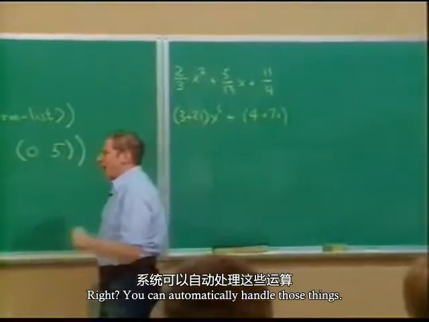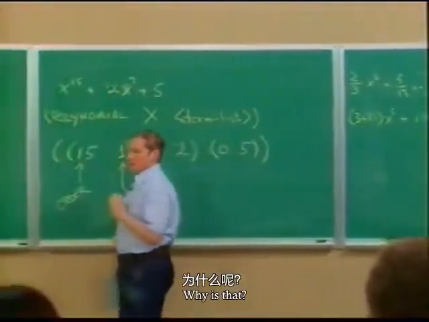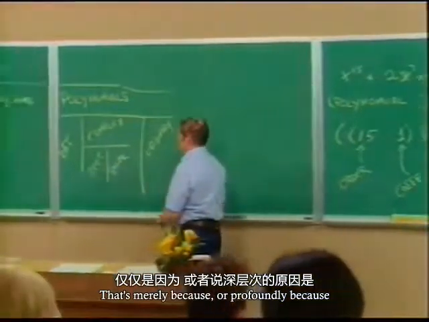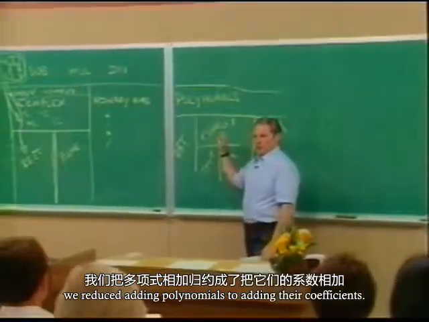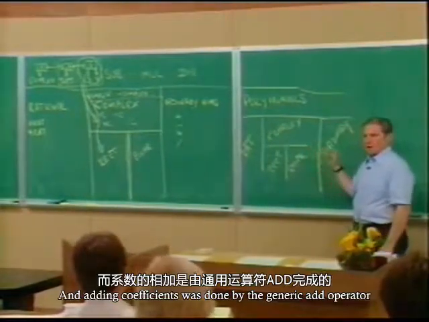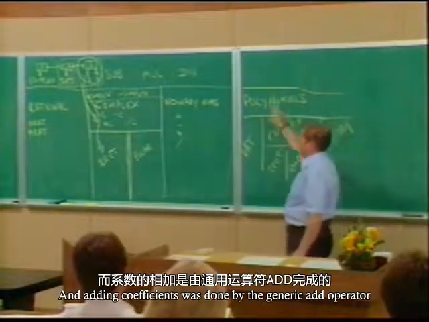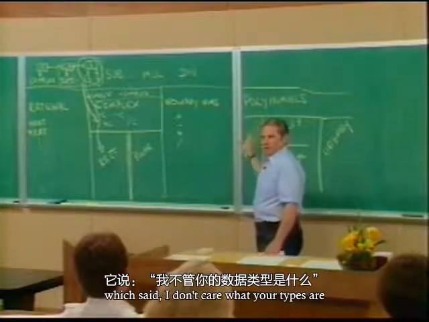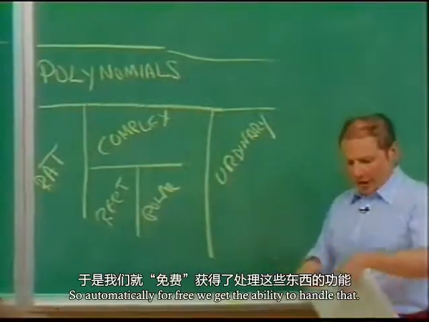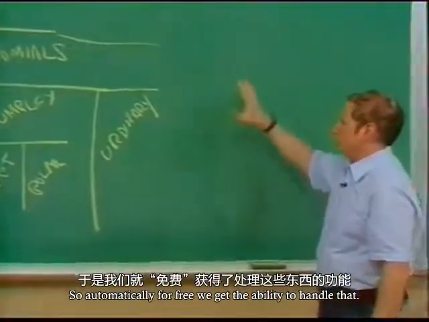It can automatically handle those things. Why is that? That's merely because, or profoundly because, we reduced adding polynomials to adding their coefficients. And adding coefficients was done by the generic add operator, which said, I don't care what your types are as long as I know how to add you. So automatically, for free, we get the ability to handle that.